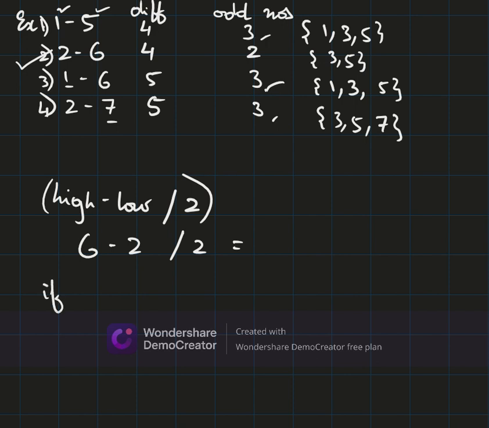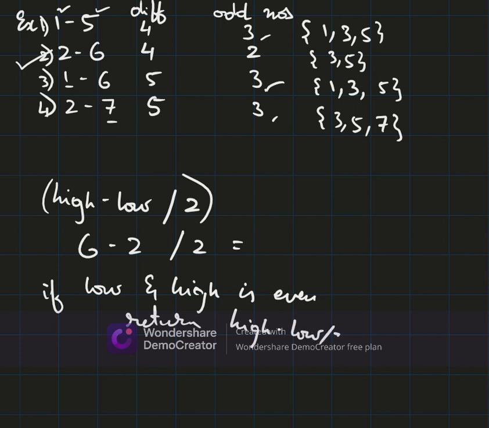If low and high are even, then return high minus low by 2. That is one thing.